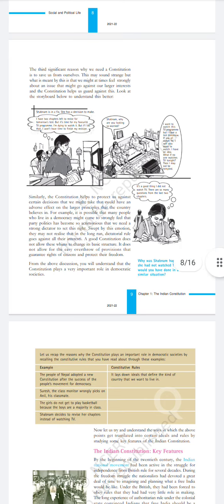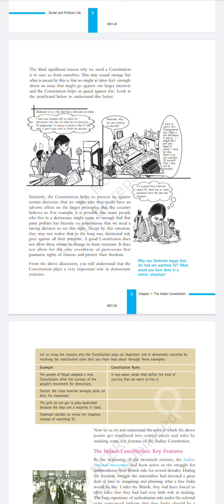Similarly, the Constitution helps to protect us against certain decisions that we might take that could have an adverse effect on the larger principles that a country believes in. For example, it is possible that many people who live in a democracy might come to strongly feel that party politics has become so acrimonious that we need a strong dictator to set this right.